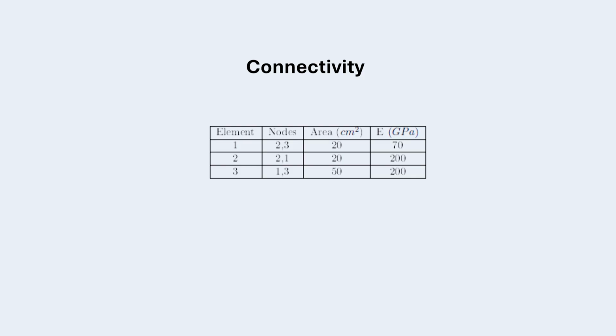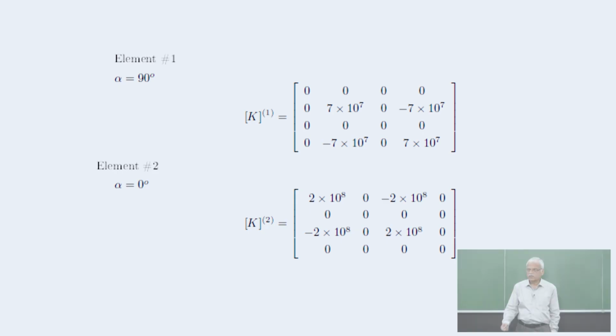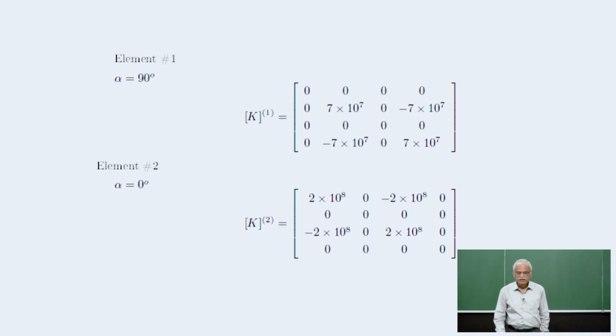Coming element by element, element 1 here is at an angle of 90 degrees. If you recall, the K of the element is a 4x4 matrix. If you look back, it is AE by L, which is common to all the terms.